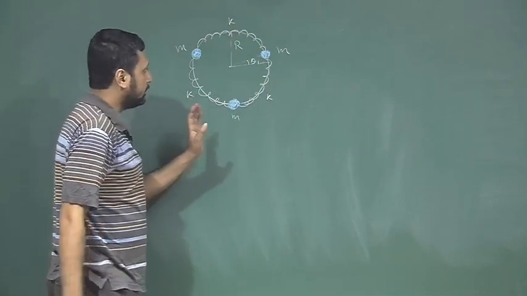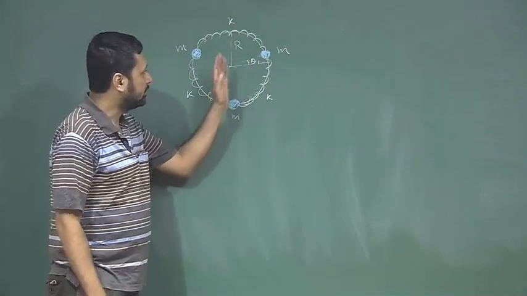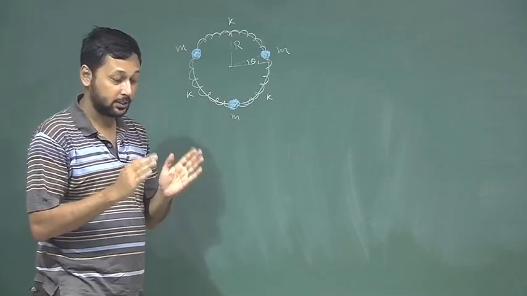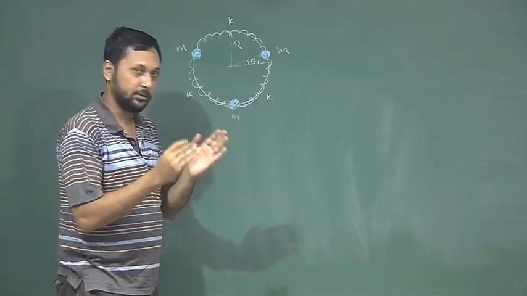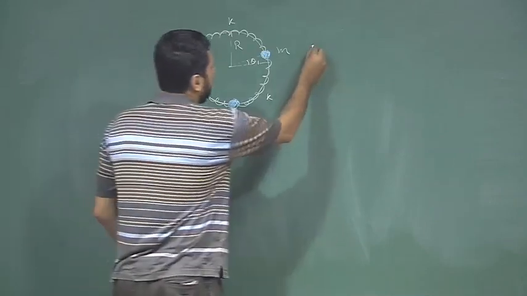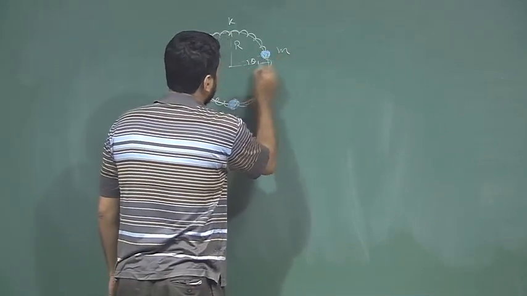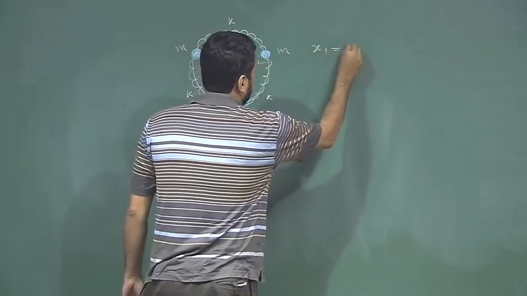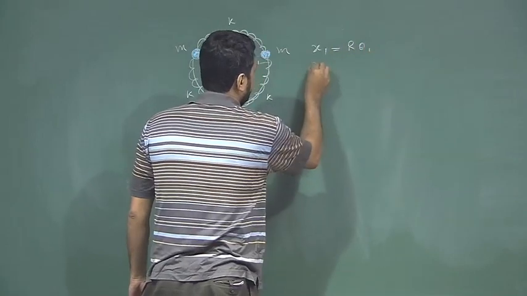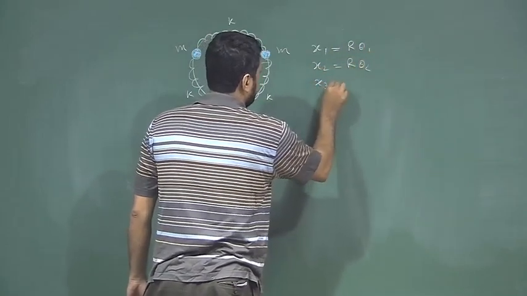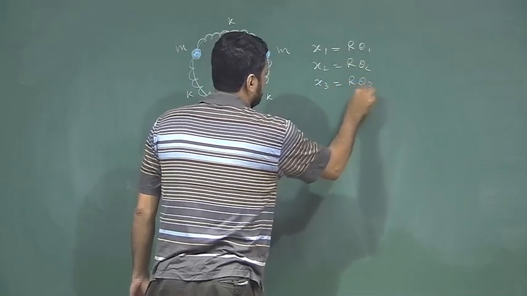Now, for springs we do not discuss the kinetic or potential energy in terms of angular displacement, but in terms of linear displacement. But if the linear displacement corresponding to this one is x1, it will be simply r theta 1, similarly x2 will be r theta 2 and x3 will be r theta 3.